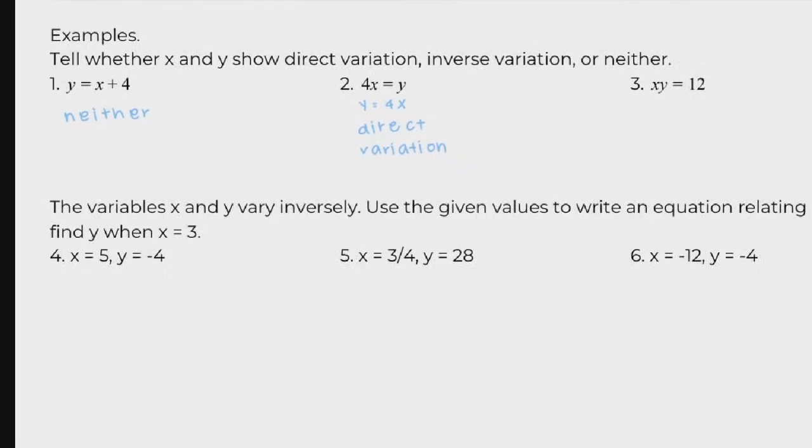And for number 3, we have xy equals 12, so if we solved for y, we would divide by x, and we get y equals 12 over x, and since this is a division, this would be inverse variation.